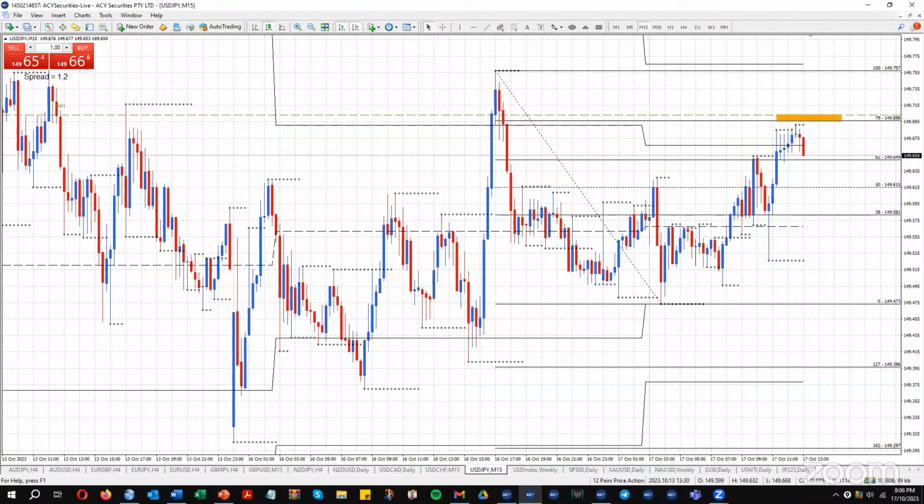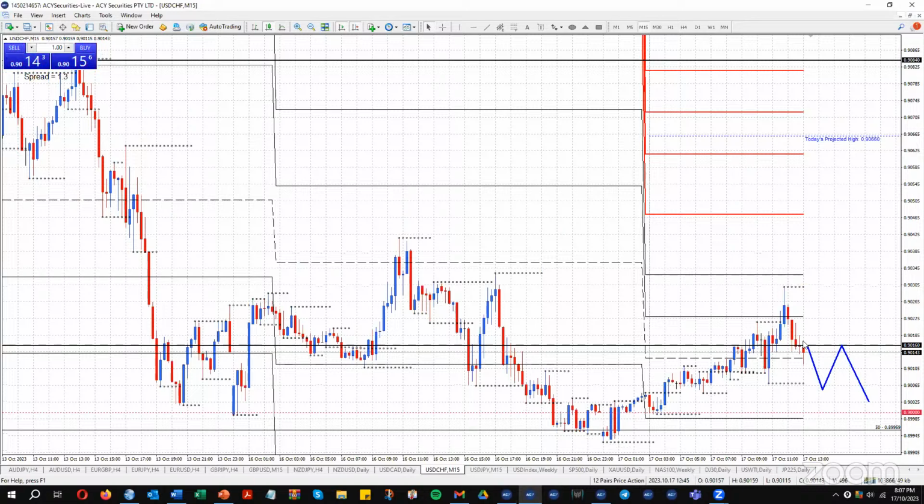And of course, money's potentially moving into the US dollar as well. And one reason maybe why the dollar franc is a little bit against what we're seeing on some of the other pairs to the US dollar.